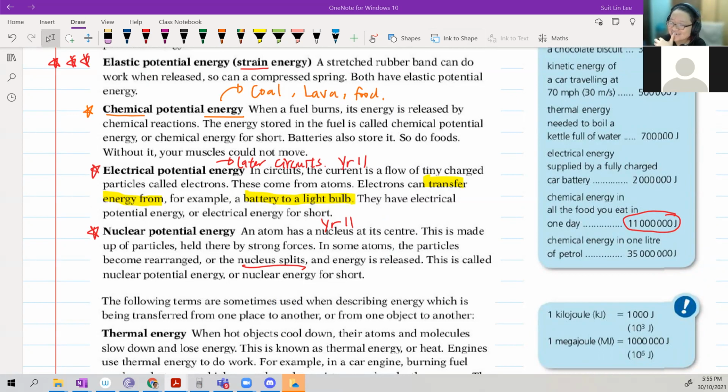What is it for? Feel your body. Why does your body need that much energy? Any thoughts? Random guess.